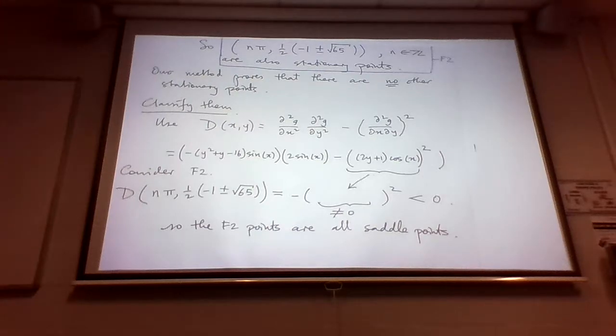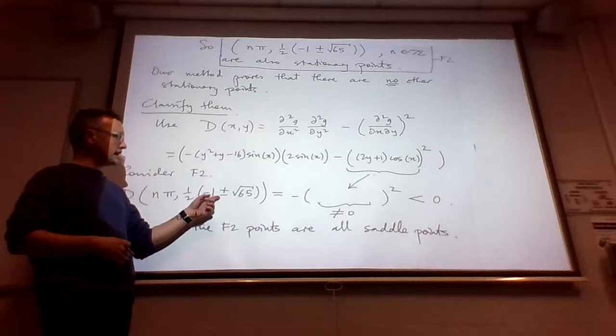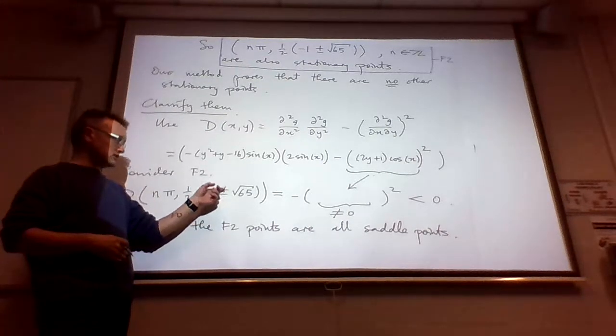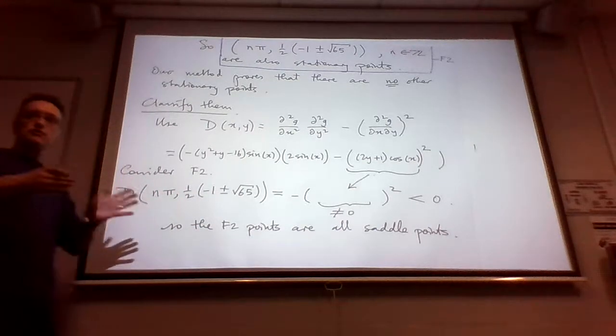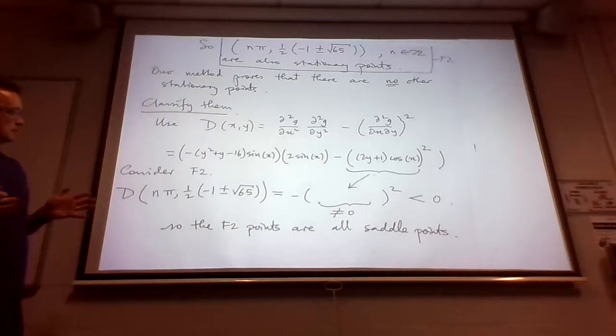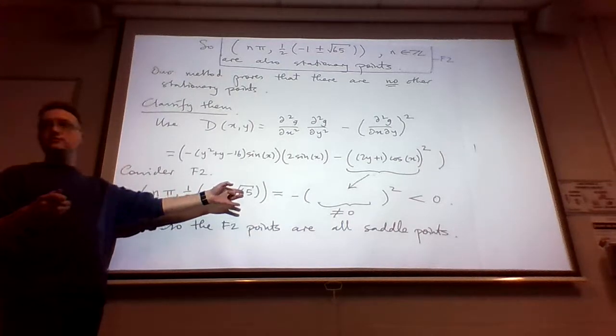So that confirms our suspicions from looking at the plot of the surface: these two rows of saddle points are located at the two y values in these roots, which are just up and down a little bit from each other, separated by half of root 65.